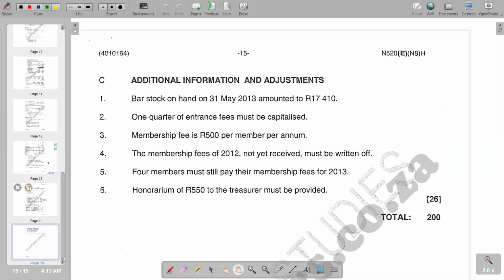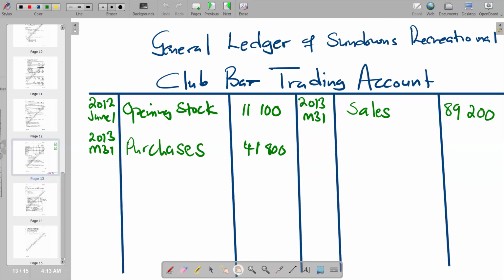So we go there and we say closing stock, and we have an amount of 17,410. So basically this is what we have.